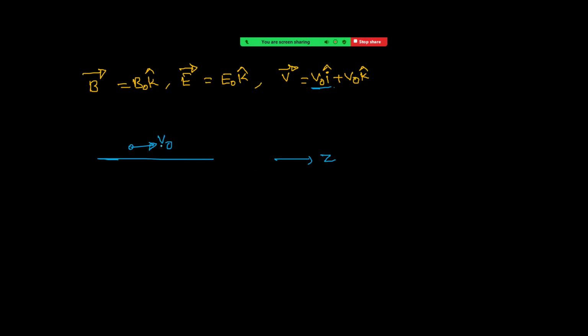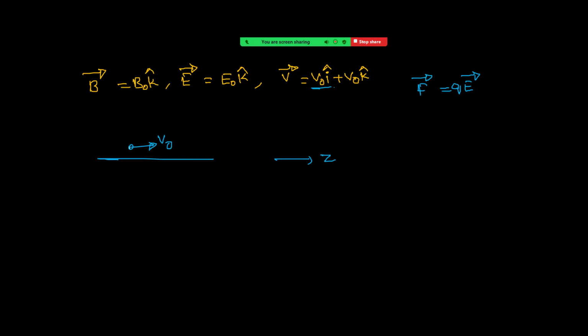If the charge is negative, see, charge negative means the electric force will be opposite to the field. So we have learned F bar equal to Q into E bar. If the charge is positive, force will be along the field. If the charge is negative, force is opposite to the field. Okay. So the electric field is now along the z axis. So the electric force will be along the negative z axis.